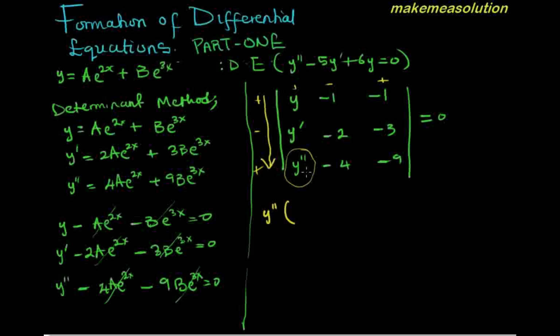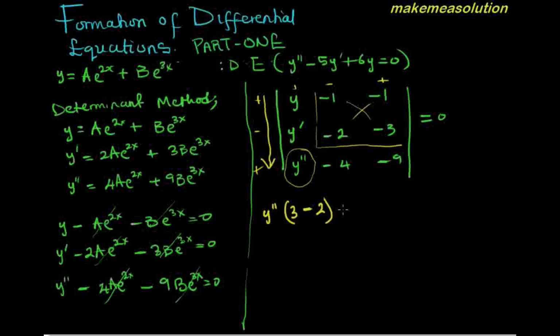I get the minor of this y prime prime, which is this term times this minus this times this. So for y prime prime, minus 1 times minus 3 is 3, then minus 2 times minus 1 is still 2.